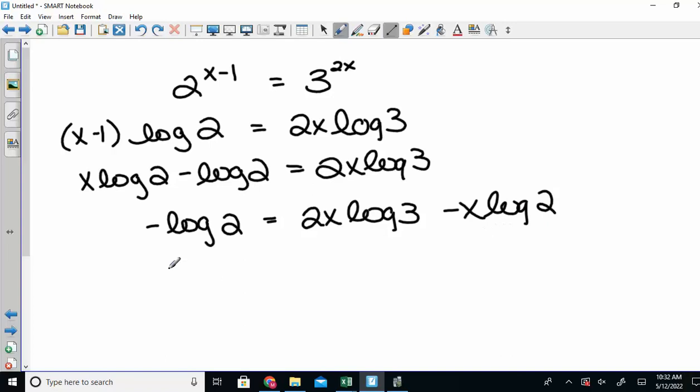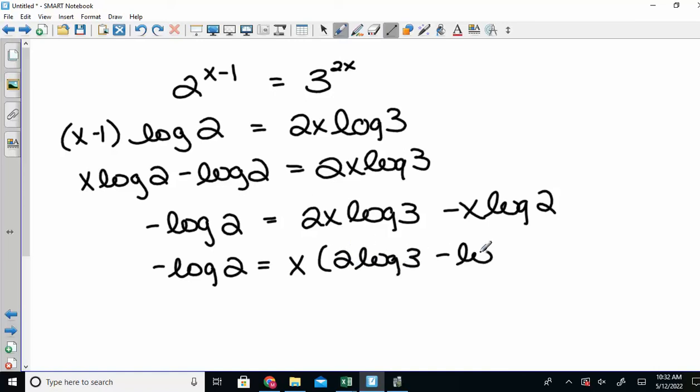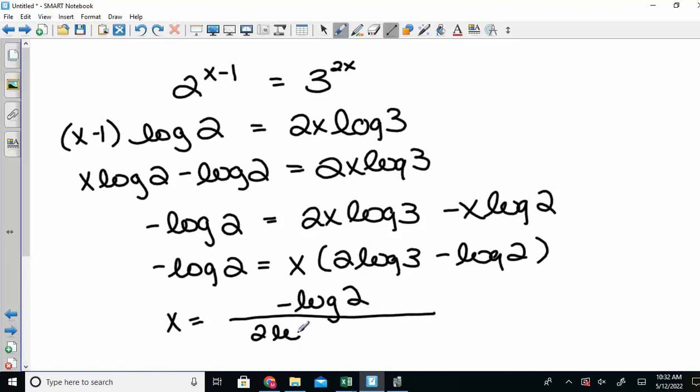Both of these terms have an x in them. Then to get x by itself, you just divide. So we have negative log 2 over 2 log 3 minus log 2. And you could put that in your calculator and get a decimal if you prefer.